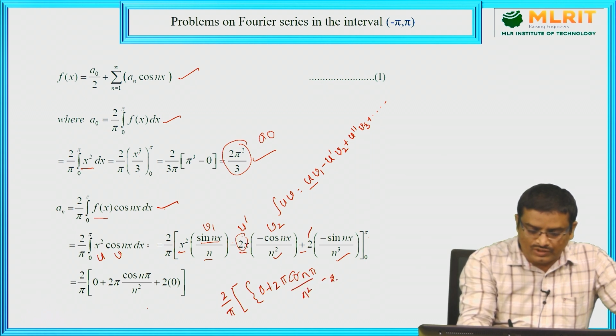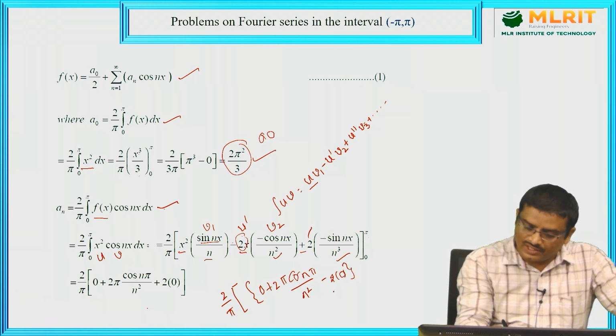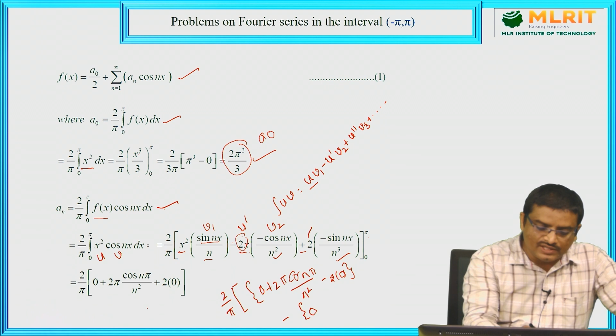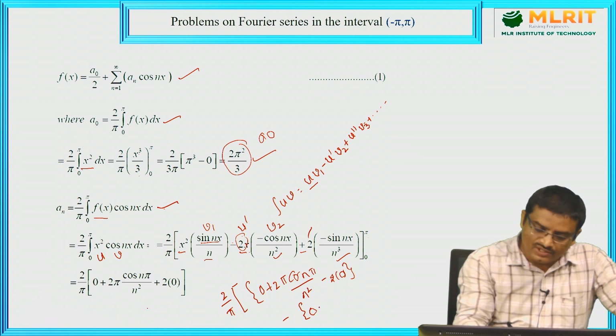Minus 2 into sin n pi also becomes 0. This is the value after substituting the upper limit. Now subtract the value at the lower limit, putting x is equal to 0. The first term becomes 0, this term also becomes 0, and if you substitute x is equal to 0 in the sine function, this also becomes 0.